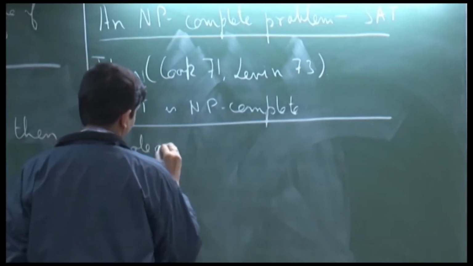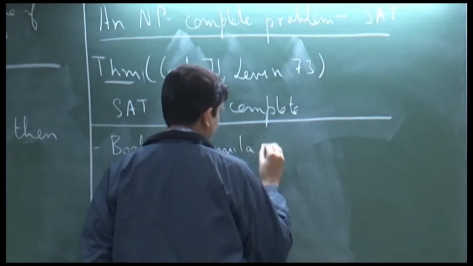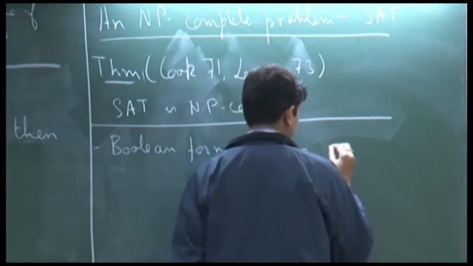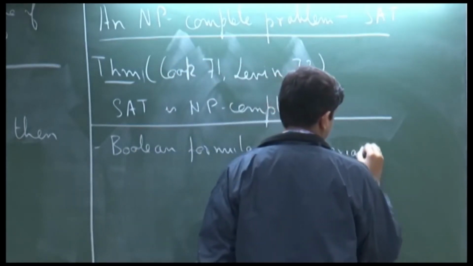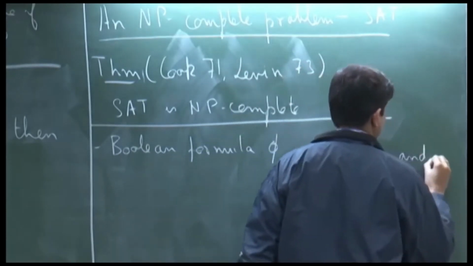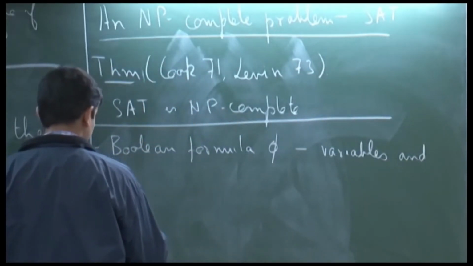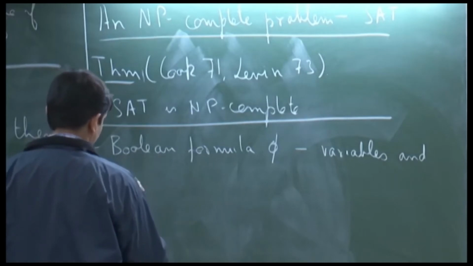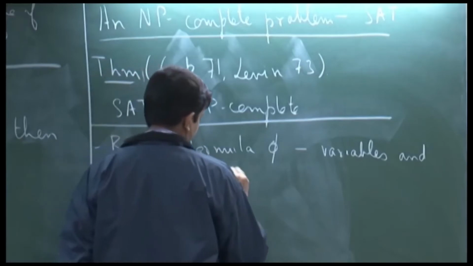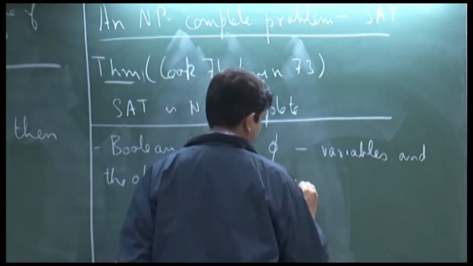So, a Boolean formula phi basically consists of what? It consists of some variables and the operands AND, OR and NOT.